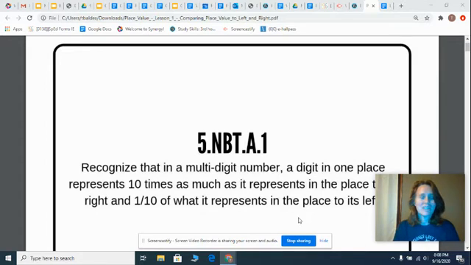Right now, our topic of the day is math, and we're looking at place value. A couple of days ago, we talked about place value in a whole number. For instance, if you had a number like 5,472, and I asked you, what is the value of the 4?